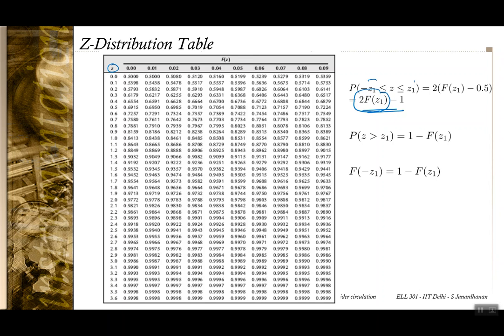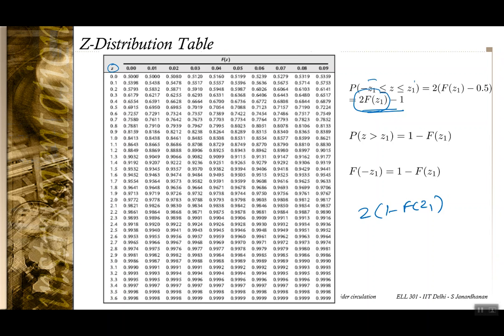The points outside this would simply be twice of 1 minus f of z1.